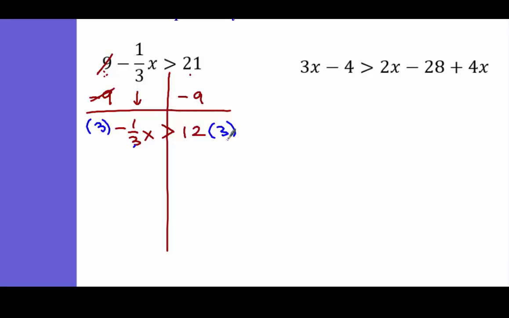Whenever we do that, this and that cancel out. Again, I assign a negative to the number 1. So what is left is negative 1x, equals 36, because 12 times 3 is 36.